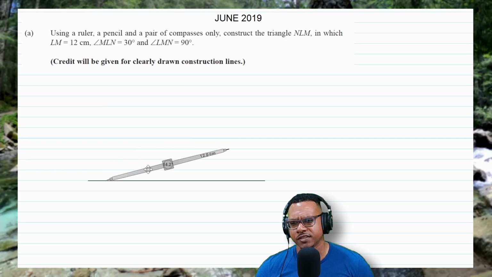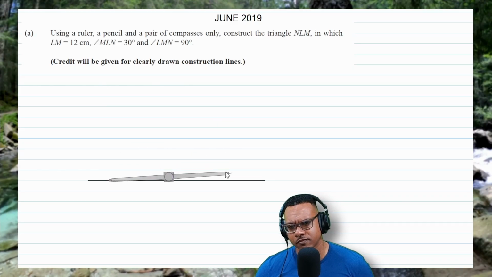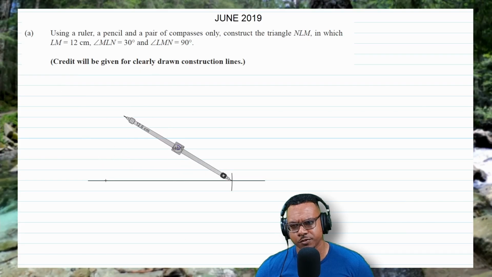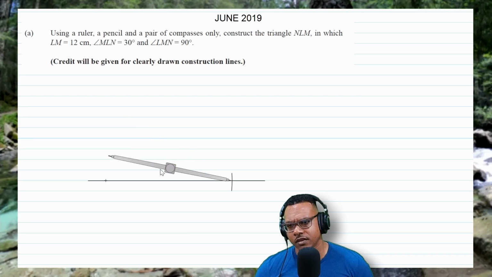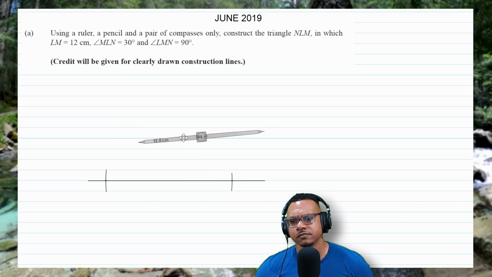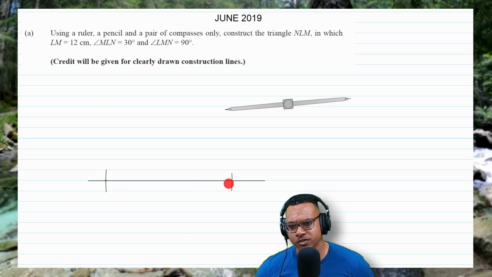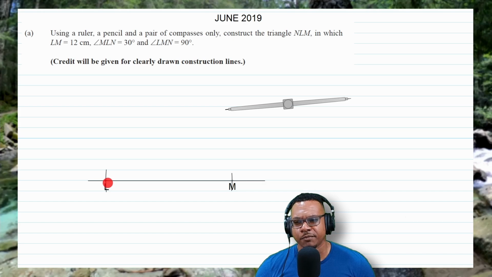Then I'll place my compass point at any point on the line and make an arc like this. And where the arc cuts the line, I'll place the compass point there and make another arc like this. So between these 2 points will be L and M. All right, so I have my line segment, LM, which is 12 centimeters long.